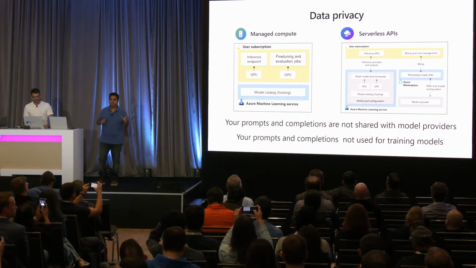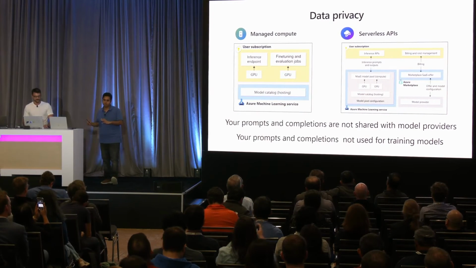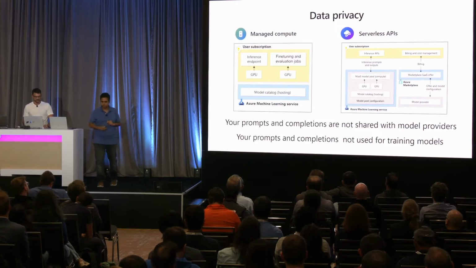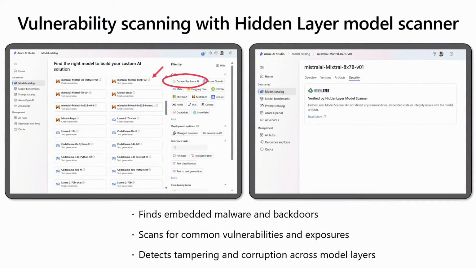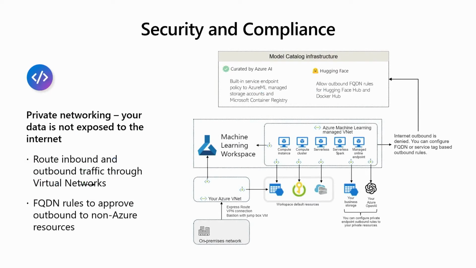None of the prompts or completions are shared with model providers or used to train future models. Security is very important for us, and that's where we are partnering with HiddenLayer to bring in their model scanner. All the curated models in the catalog are scanned for vulnerabilities using the HiddenLayer model scanner, and in future we'll make it available for scanning your custom models as well.